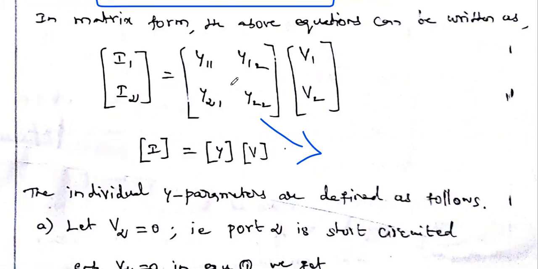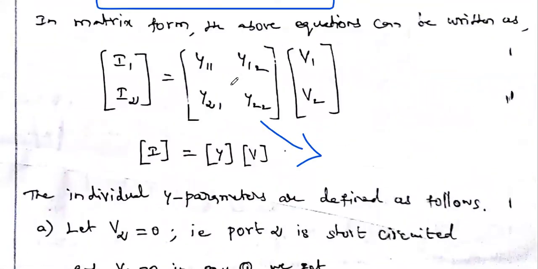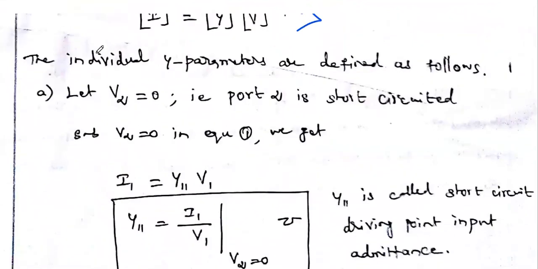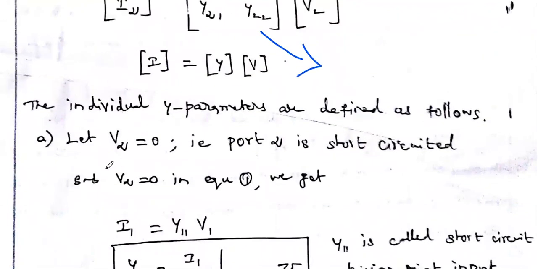To calculate these four parameters Y11, Y12, Y21 and Y22, we have to make either the input port or the output port short circuited.